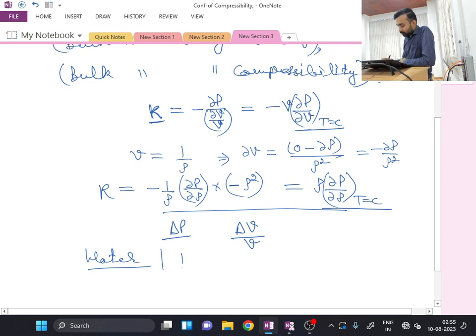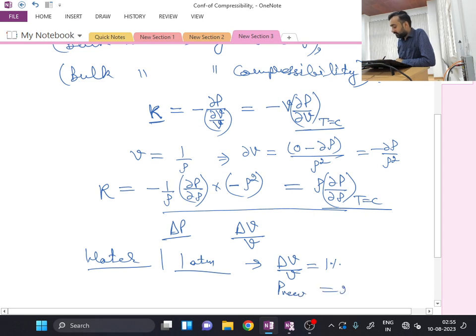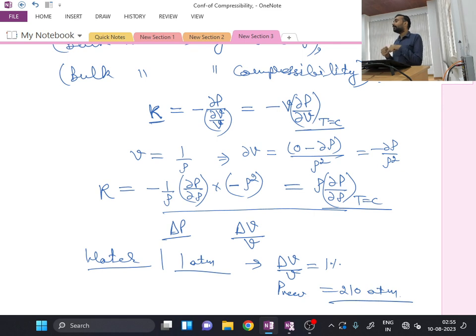If water is initially at 1 atmosphere, and I have to change the density or the volume of water by 1%, then I need to go to a new pressure of 210 atmospheres. So to change the density of water by just 1%, you have to increase the pressure 210 times.